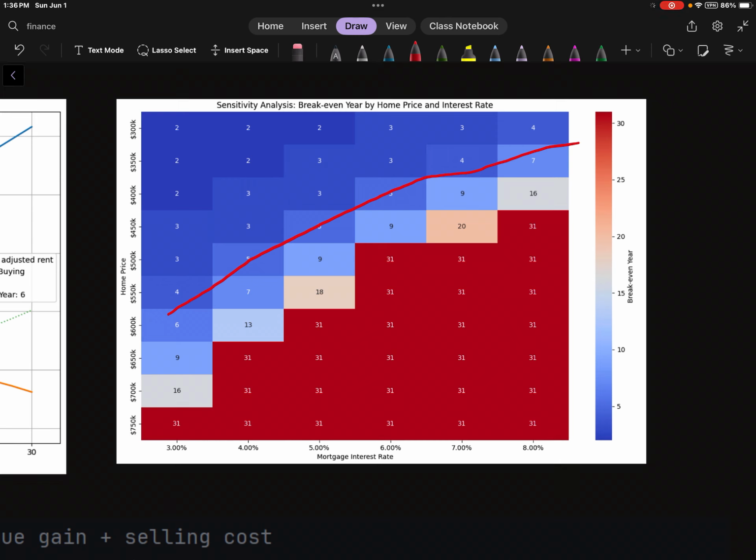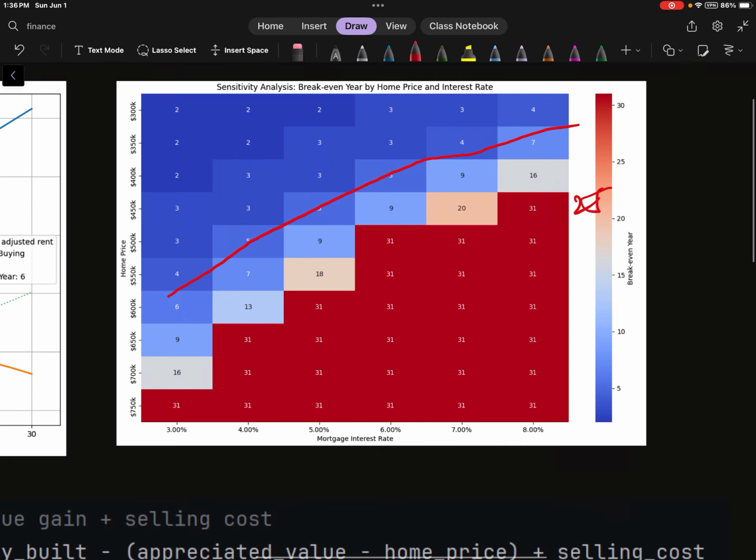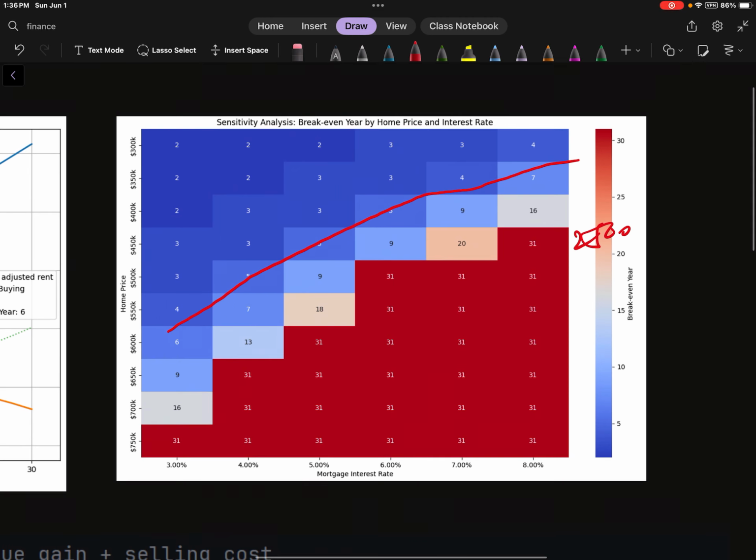This is based on $2,500 per month of rent. It will break even with a house worth 320K. And if you have a 3% interest rate, then it makes sense to buy a house around almost 700K.